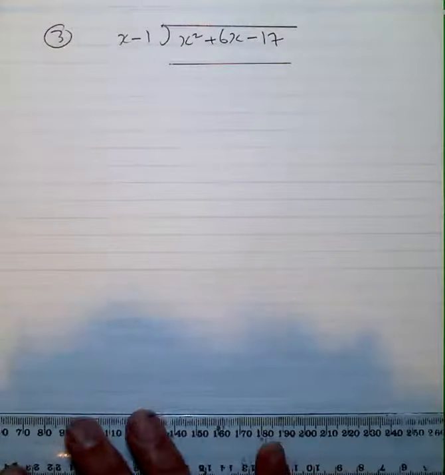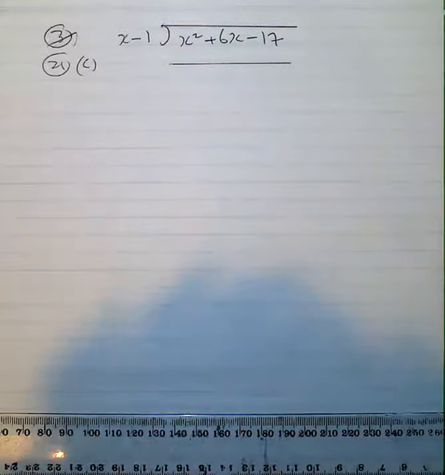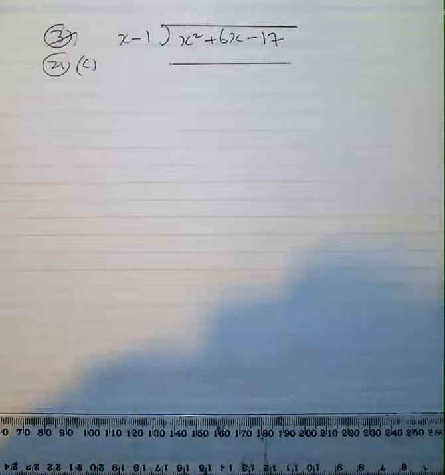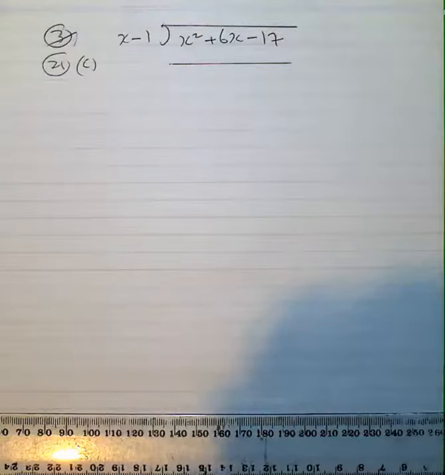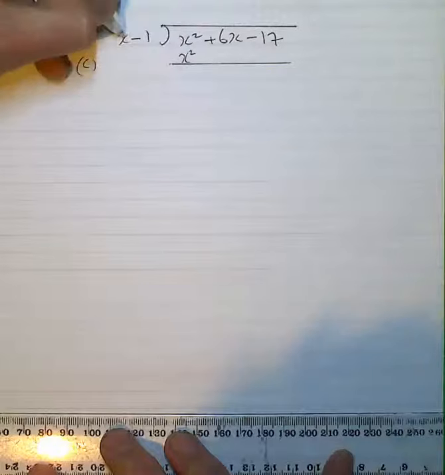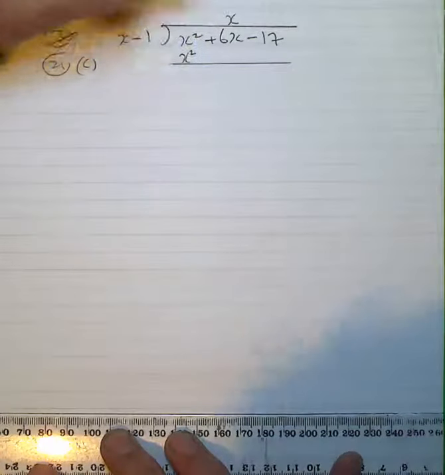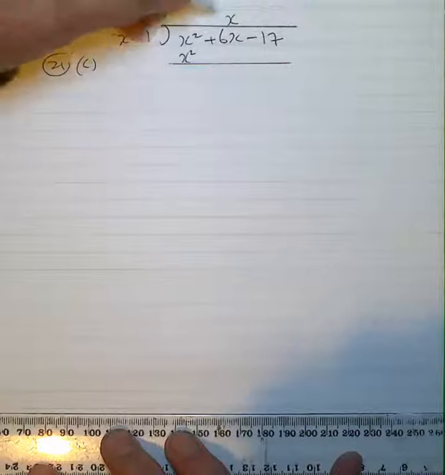I'm going to set up 21C as a long division. It will follow very similarly to the old-fashioned long divisions that you would have known and loved from earlier in your school career. So in this case, the x squared comes down by default. Now I multiply x by x to get the x squared. I then multiply the negative 1 by x, giving me negative x.